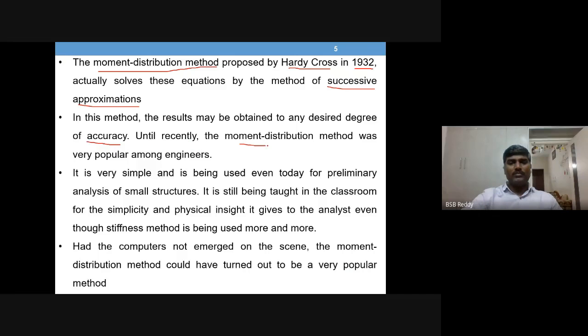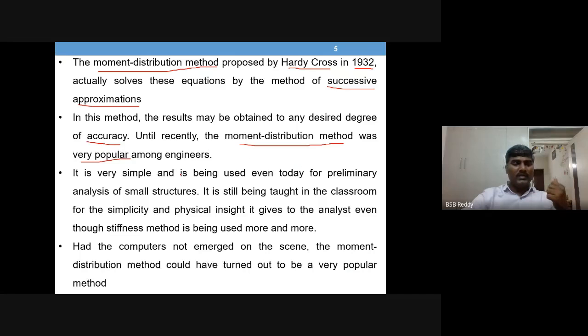So moment distribution has become very popular. The reason, as I told you, is that in the slope deflection method there is a difficulty in solving simultaneous equations if they are more in number. That's why in moment distribution the simultaneous equation solving is replaced with the distribution process, by way of successive approximations.